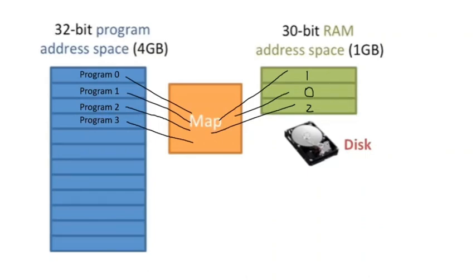So we use the hard disk, and virtual memory will find the oldest program in RAM address space, and it's program 0, the oldest program. And program 0 will be moved to hard disk, and program 3 will join in here, and program 0 is right here.